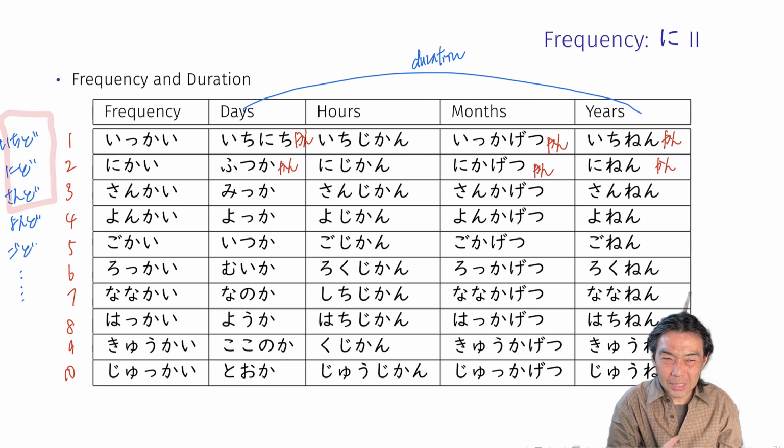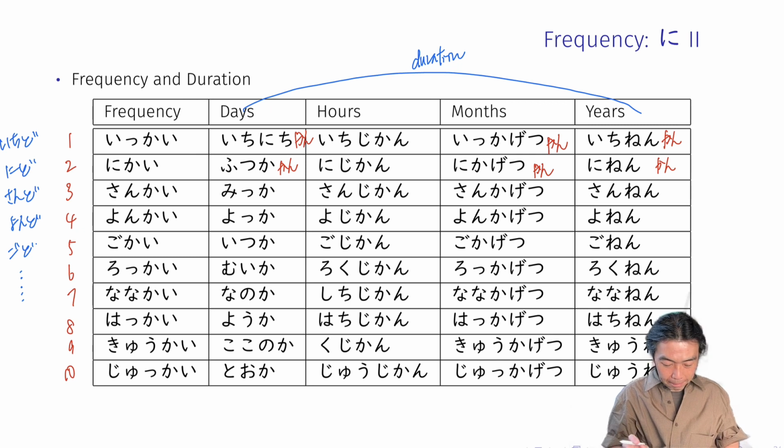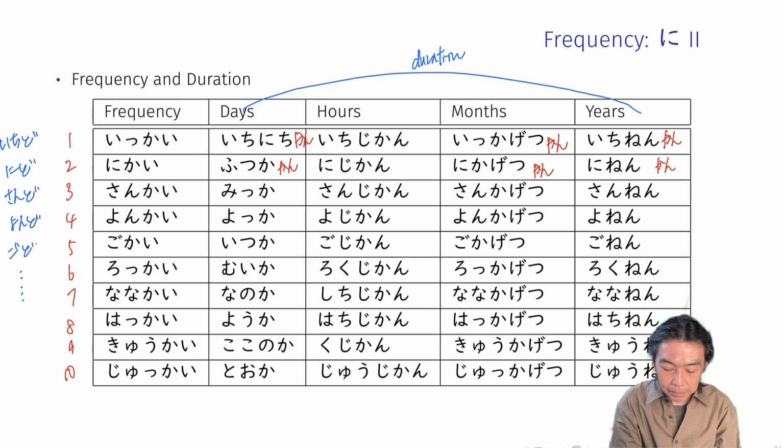But it's not always. It's much more of a preference than a rule. So you can say 1回, that's perfectly acceptable, but people tend to use 1度 instead of 1回 up to a very small number, usually up to 3. But again, there's nothing wrong with saying 1回, or 5度. It's just that people don't use them as frequently.